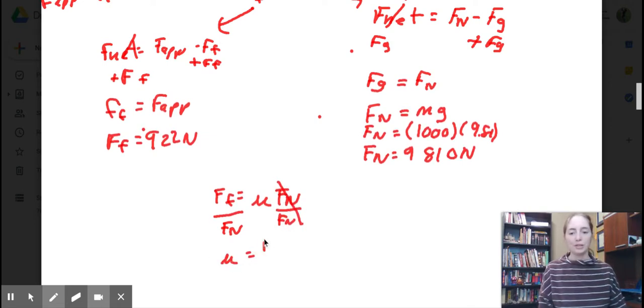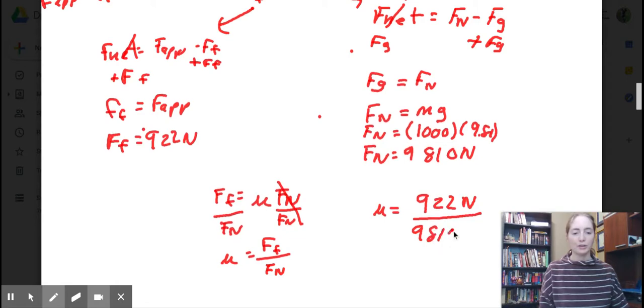So mu is equal to force of friction divided by Fn. Now I'm going to plunk my numbers in, and I am going to wind up with 922 newtons divided by 9,810 newtons.